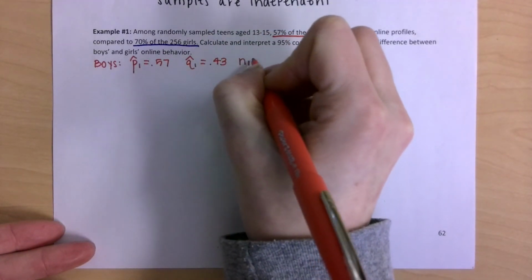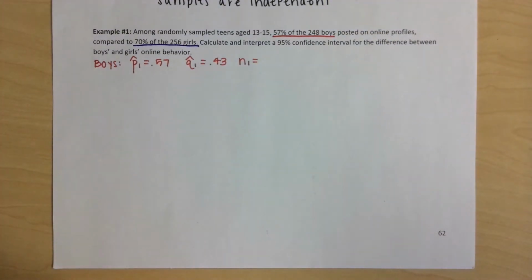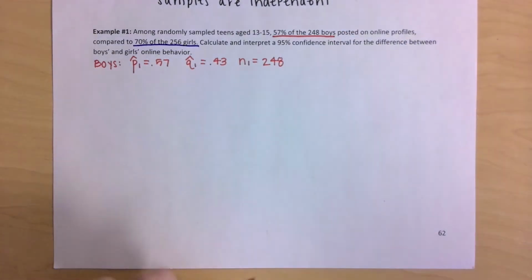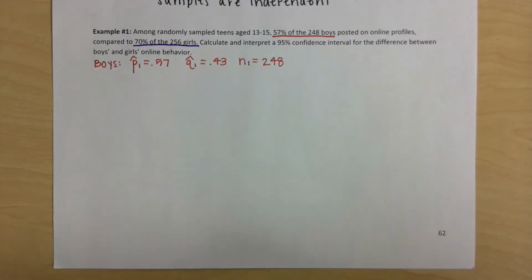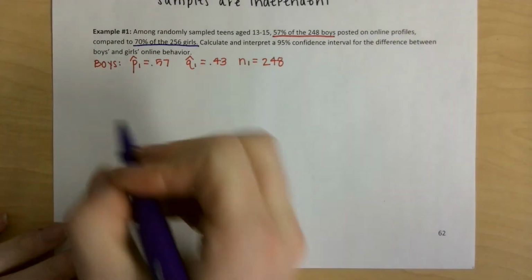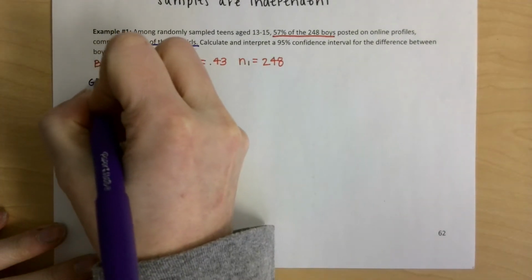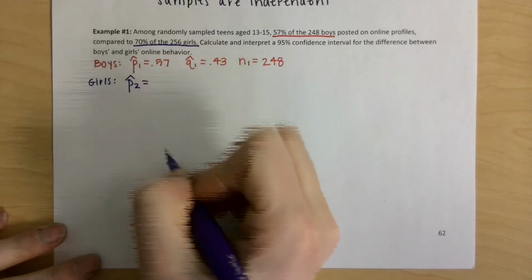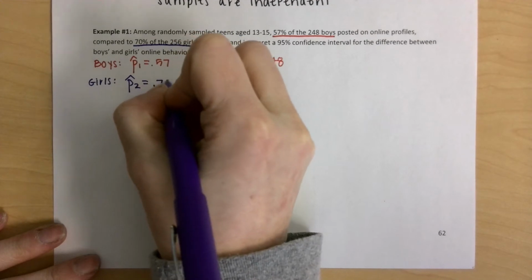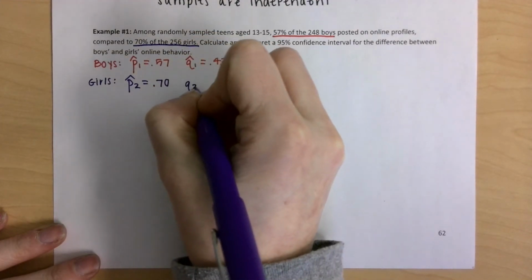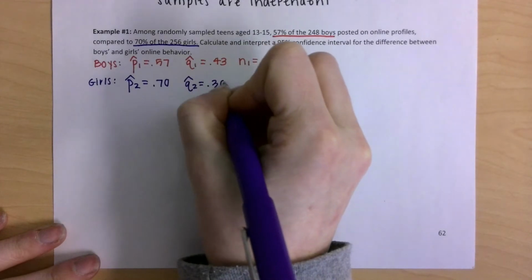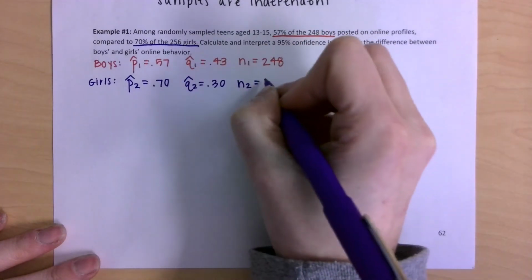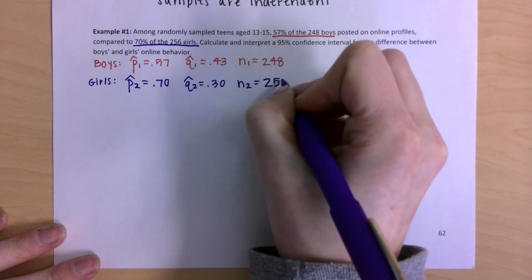I also write down the first sample size, n1: they surveyed 248 boys. My second sample was girls, so I'll call this p-hat 2. 70% of the girls posted online, so q-hat 2 is the opposite, 30%. My second sample was 256 girls.